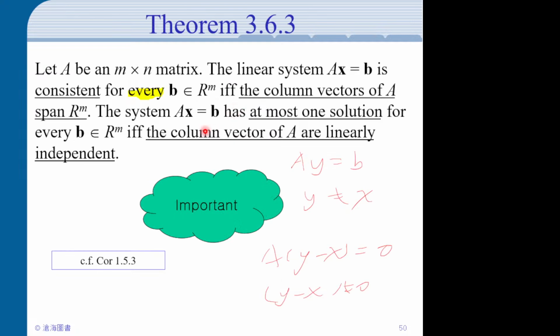For general b, sometimes there is no solution, but we are ruling out the infinite-solution possibility, and that's when the columns of A are linearly independent. I think the book has a proof of this, but here we skip the proof.